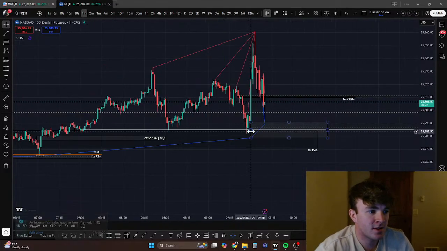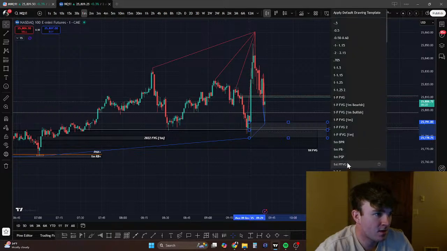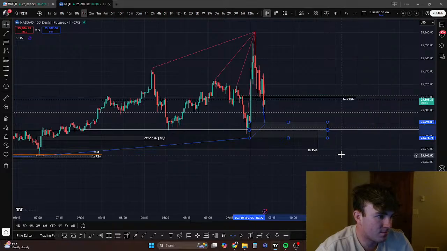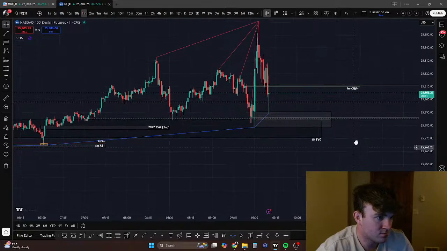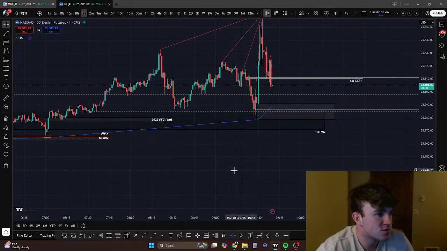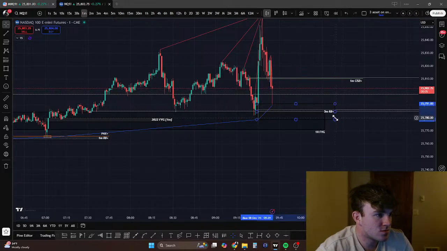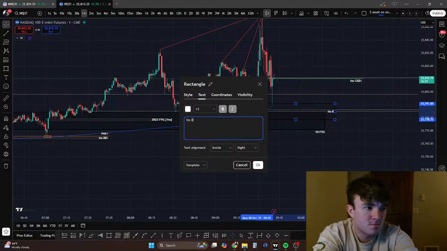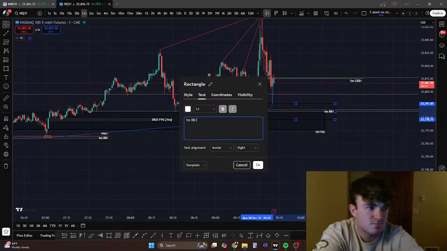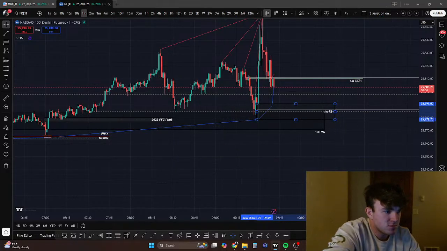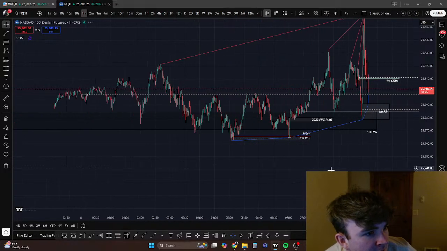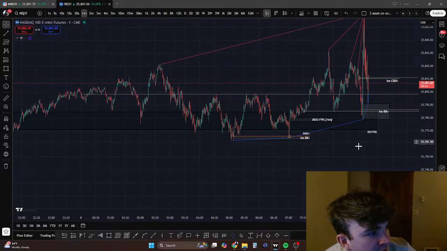One minute Phoenix right here. Yeah, I mean, I feel like this is going to be high resistance, and then we continue higher.